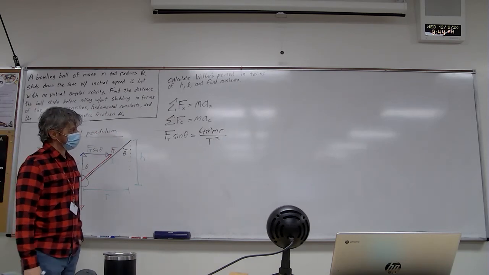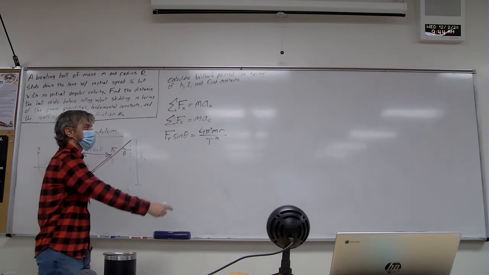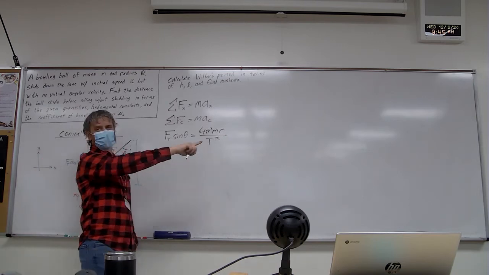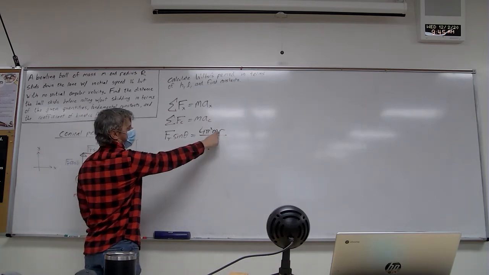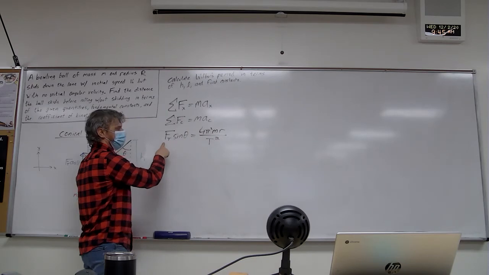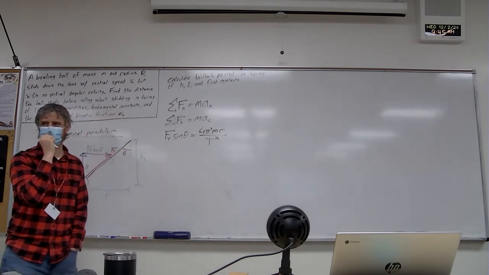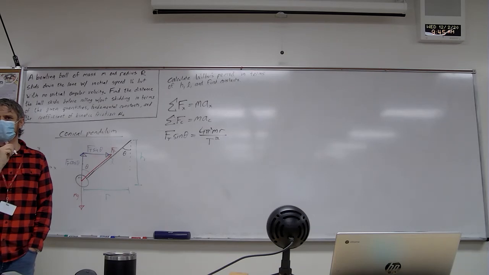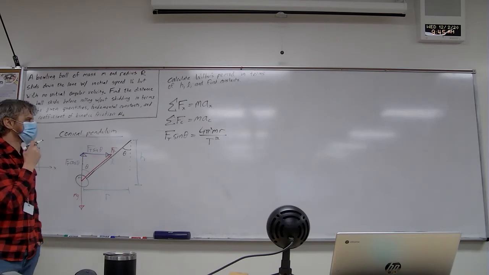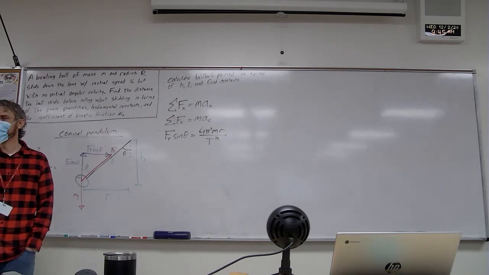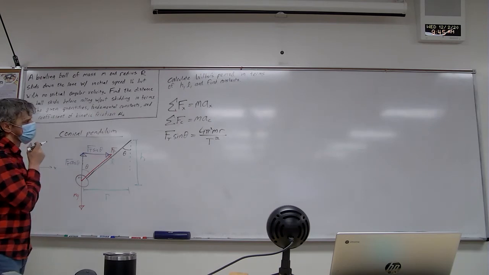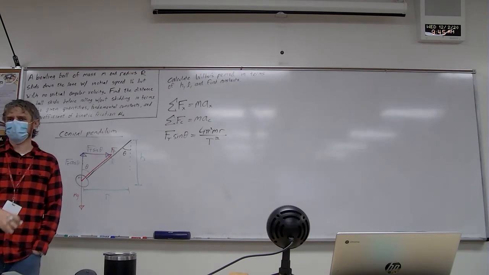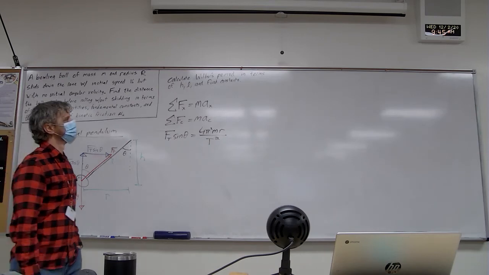So I could solve this equation for T, but I'm going to have a lot of problems. I have an m, I have an r, I have a theta, and I have a tension force. One of those I can take care of, kind of. I can rewrite something up there in order to get rid of one of the variables. If that's not obvious, we'll come back to it.